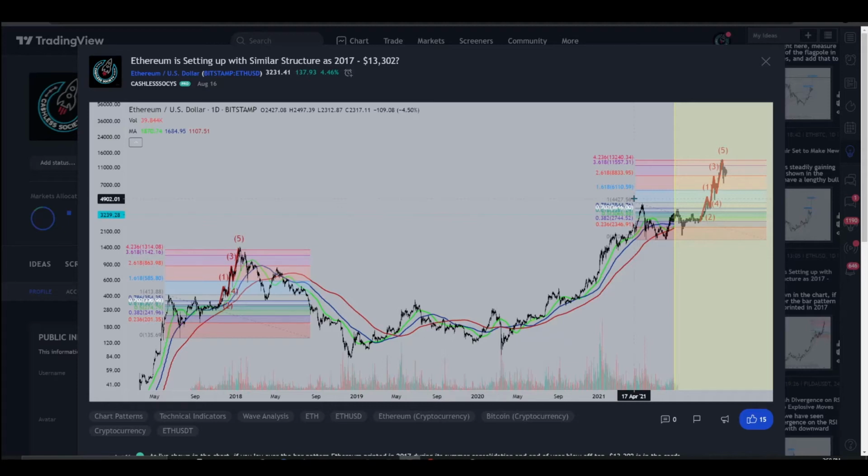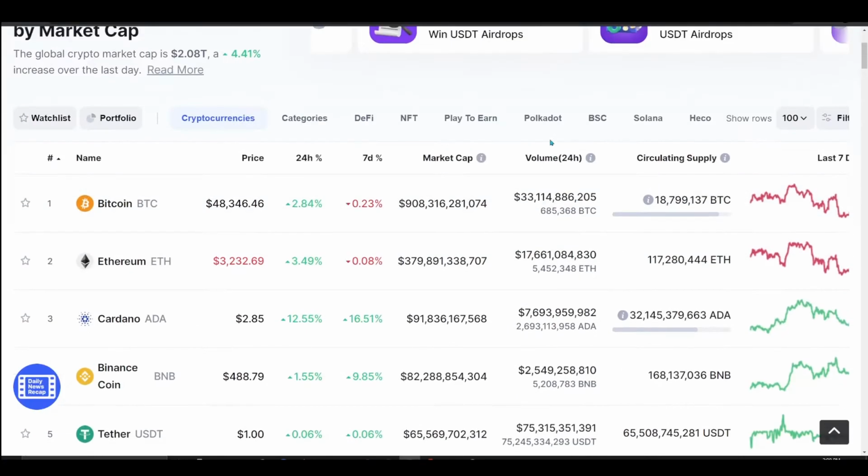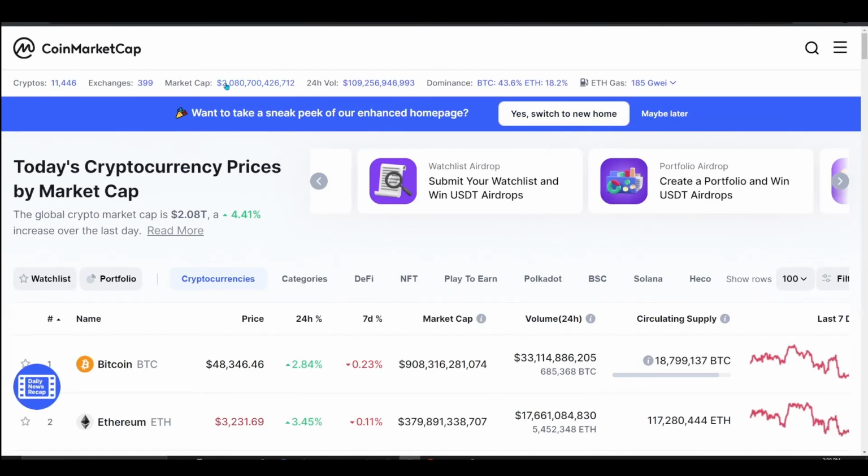All right, so even if you missed it this run, you can get it on the next one if you pay attention, do your homework, and don't give up. Do not give up on this market, because right now, coming over to CoinMarketCap, what are we sitting at? 2 trillion? I have no doubt in my mind that eventually down the road, this crypto market is going to be worth at least 100 trillion.